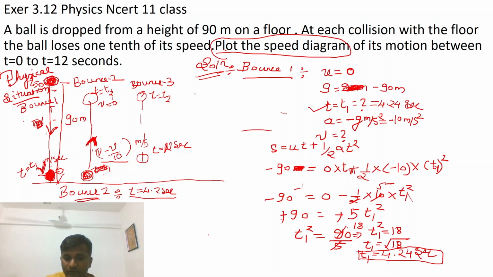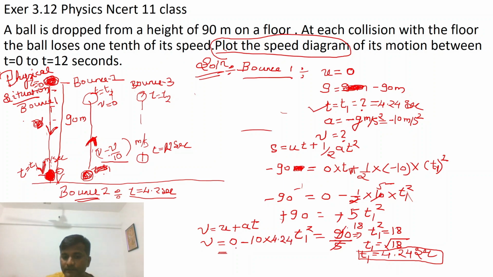How will I find out the velocity now? The velocity will be v is equal to u plus at. V I don't know, I have to find it out. U is 0, minus g, minus 10, into t, 4.24.